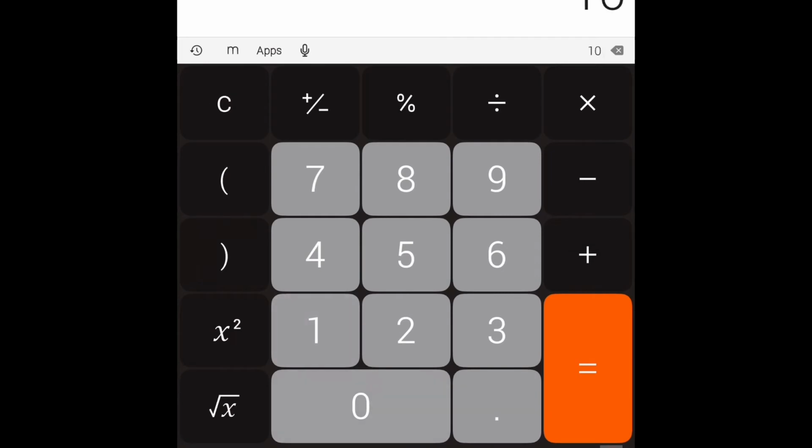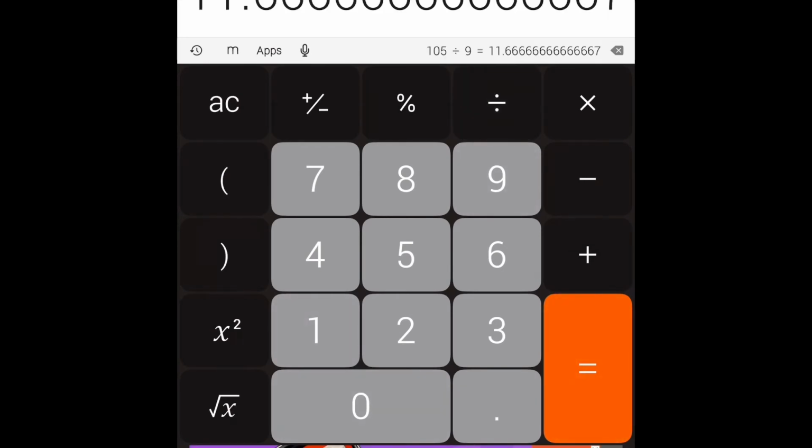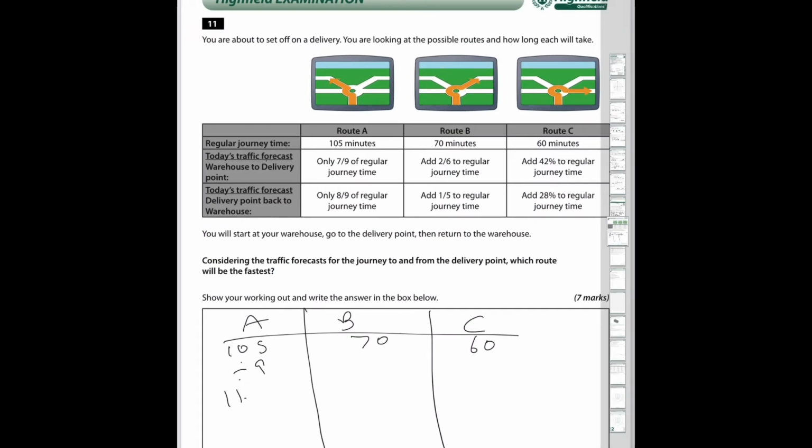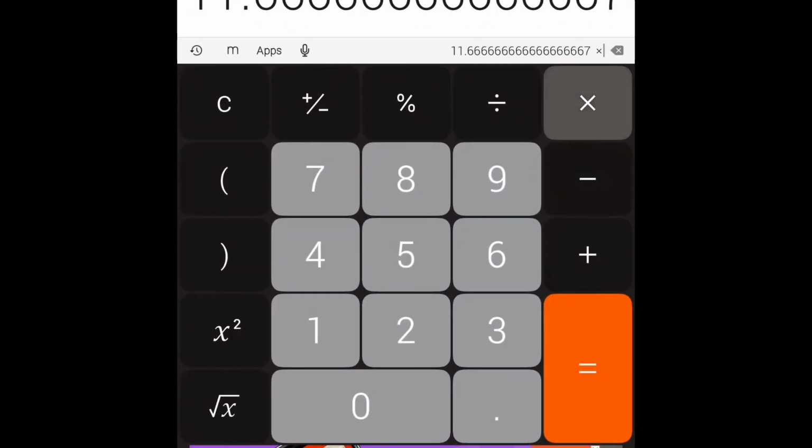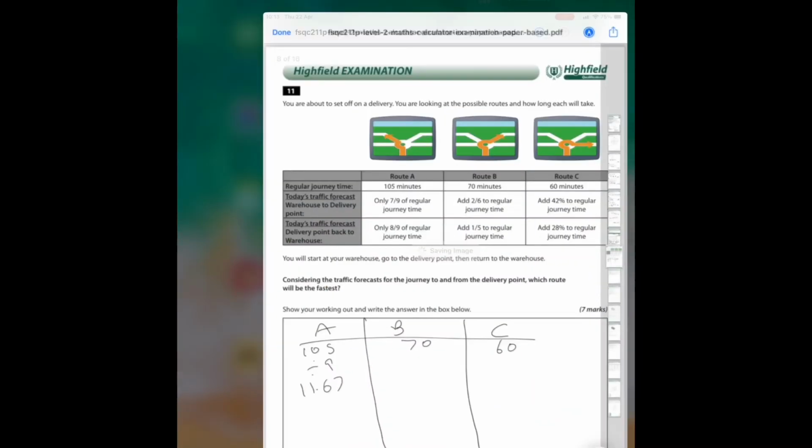So let's do that first. 105 divide by 9. 11.67, we'll round that up. Then we need to times that by 7. And that's 81.67.